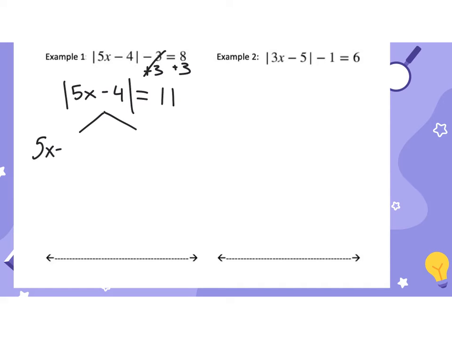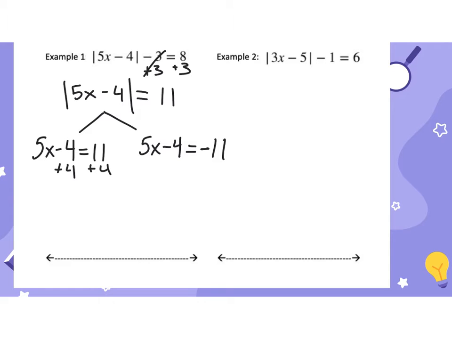I'm going to leave what's inside the absolute value alone, but get rid of the bars and set it equal to positive 11. The next problem, again, leave everything inside the bars alone, but get rid of the bars. But now it's going to be a negative 11. And now I'm just going to solve these two equations. I'm going to end up with two answers, but solve them just as normal.